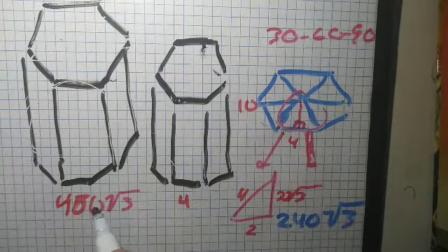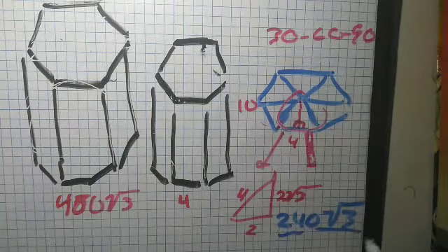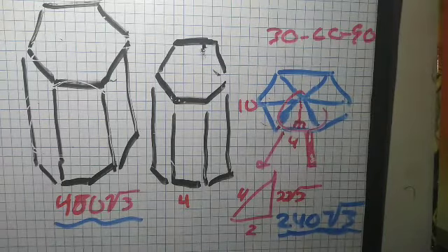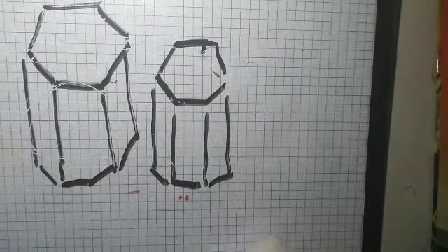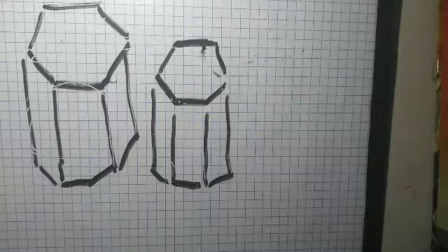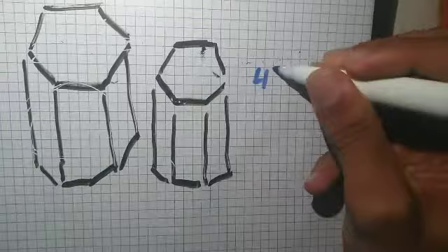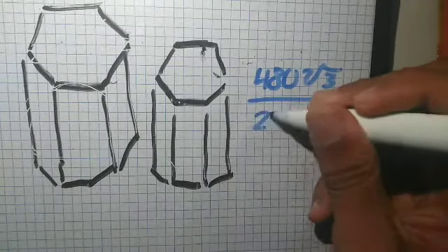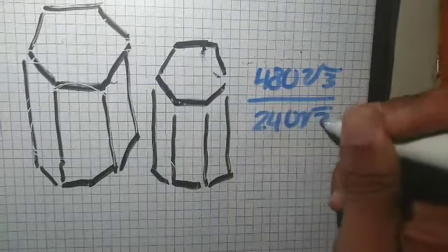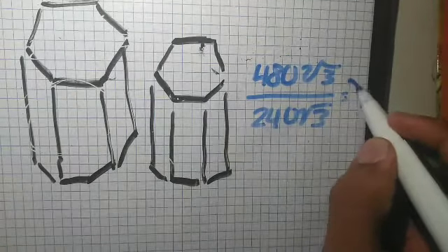Now we have something to base our ratio off of. We have 2 similar things to look at. We have the volumes to look at now. Now that we have our volumes, which is 480 square root of 3 over 240 square root of 3, you end up getting a very nice, gentle number, thankfully, which is 2.